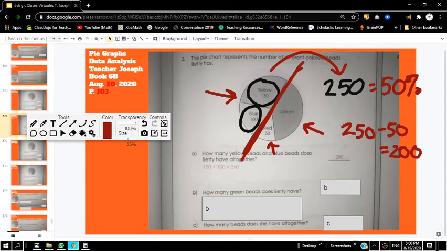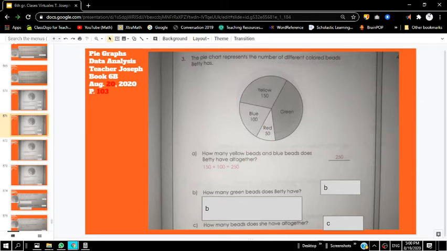My answer of green beads is 200 green beads. Let's check that to make sure that we did that correct. Once again, the total number of yellow and blue beads was 250, and the number of green beads is 250 minus 50, which equals 200.